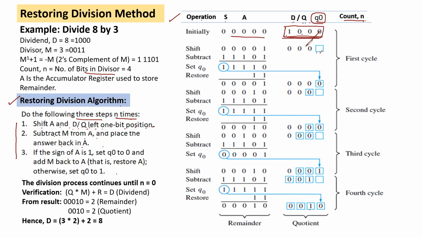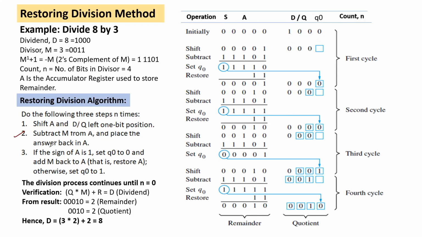That means 0 moves to this place, 0, 0, 1, 0, 0, 0, 0. The leftmost bit will go out, it should be cancelled. Next, the rightmost bit is an empty space, so you should place an empty box. This box is ready to store the quotient bit of the LSB position.